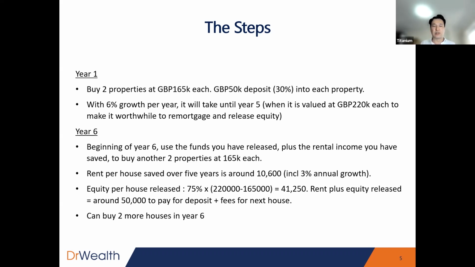Equity released per house: 75% times £220,000, which is the price at year 6, minus the cost of 165,000, so you can borrow an additional 41,250 per house. Remember you have 2 houses. So rent plus equity release is about 50,000 to pay for the deposit plus fees for the next house, and you can buy 2 more houses in year 6.